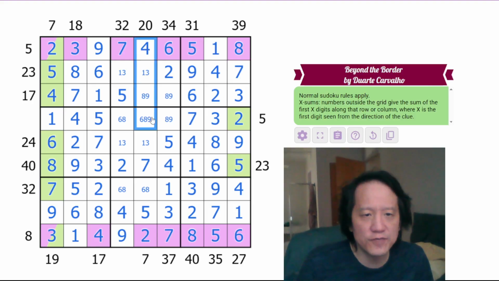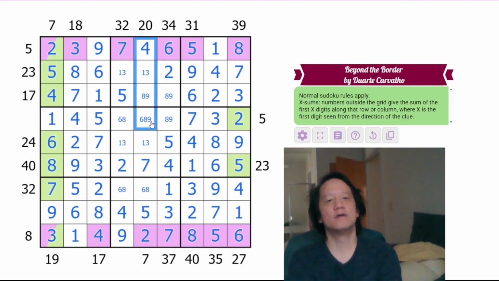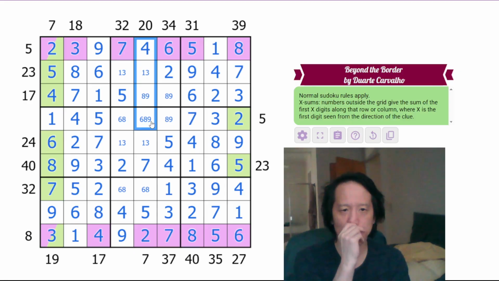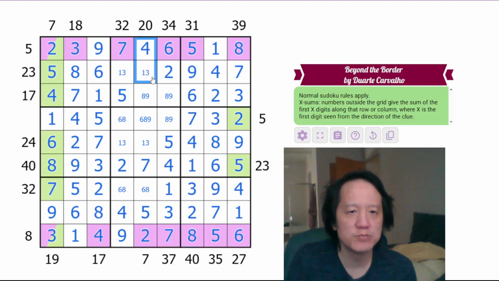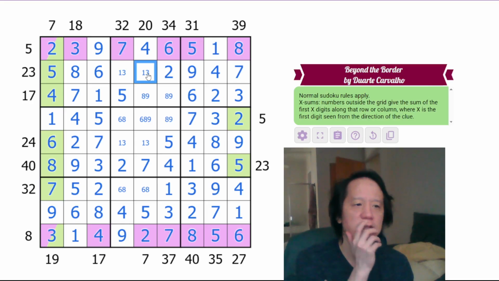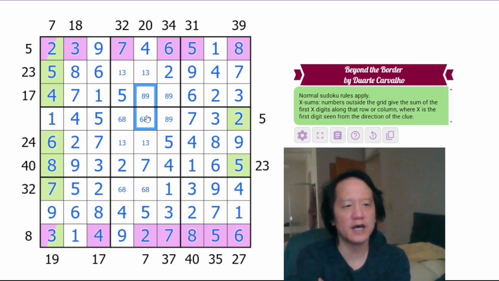So for this 4, you have to have 1 or 3 there. If it's 4 and 1, this must be 6 and 9. If it's 4 and 3, that adds up to 7. 20 minus 7 is 13, but none of these combinations add up to 13.